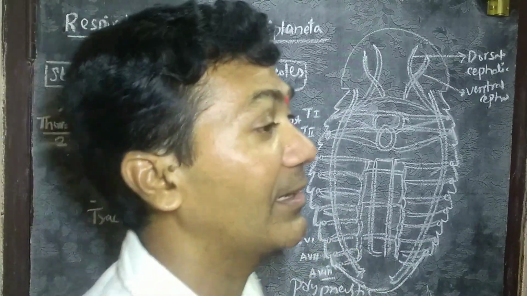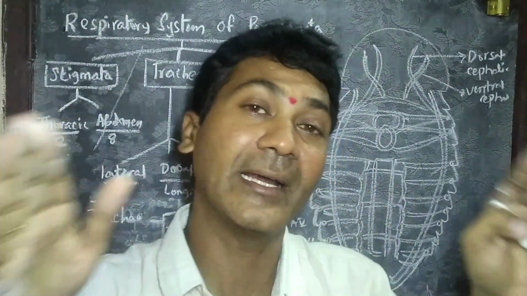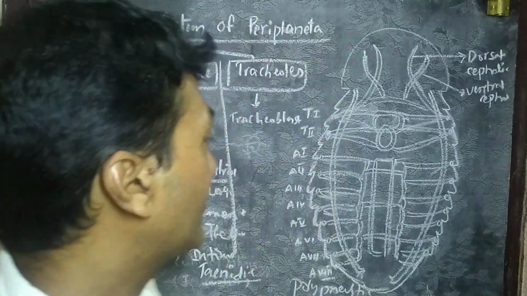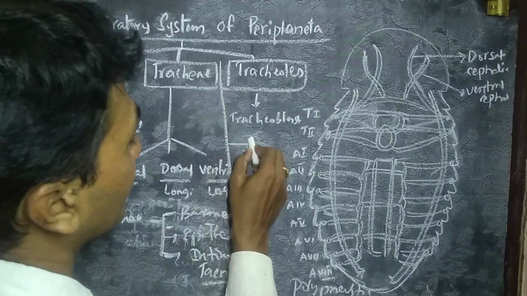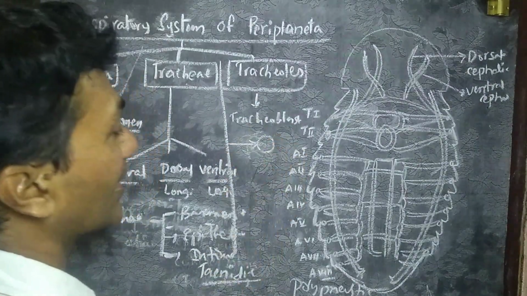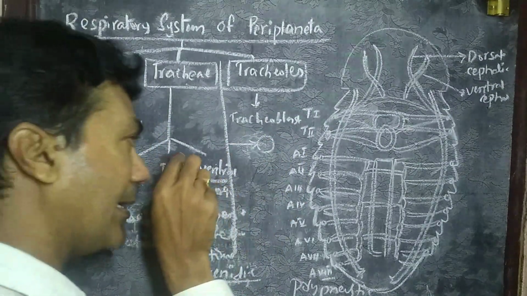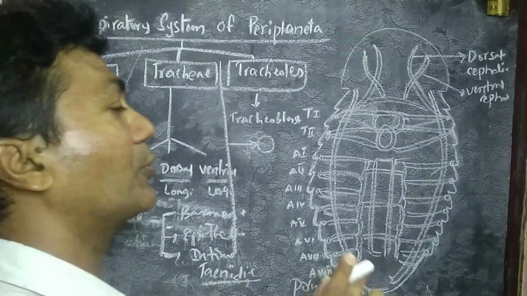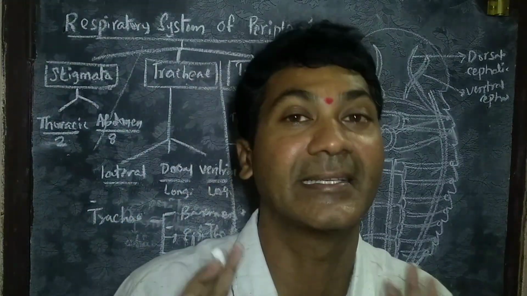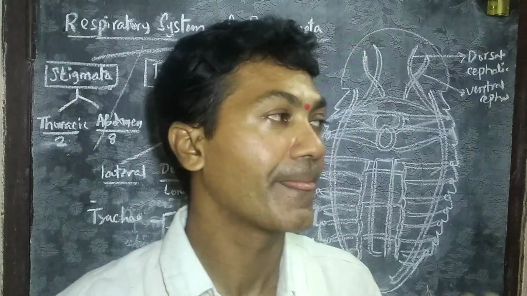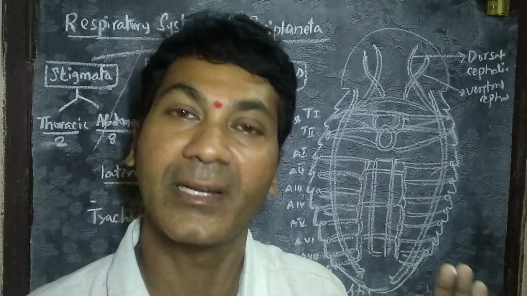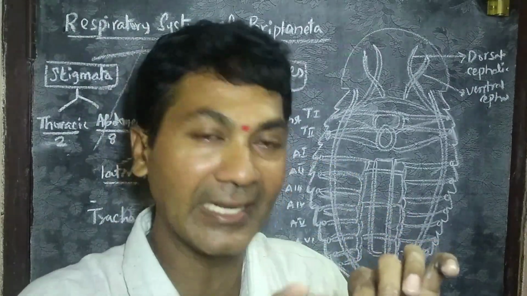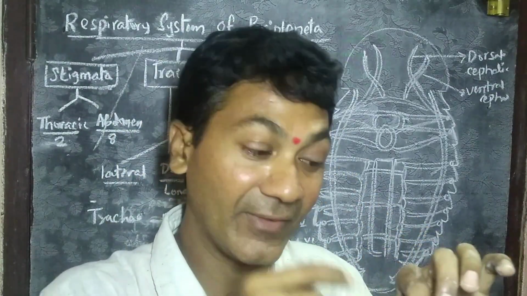These all further divide into fine branches, many branches, right? Each branch terminates with a particular cell. It enters into the cell. That cell is known as the tracheoblast or tracheolar cell. See here, the fine branch of the trachea terminates at a cell, where it enters.